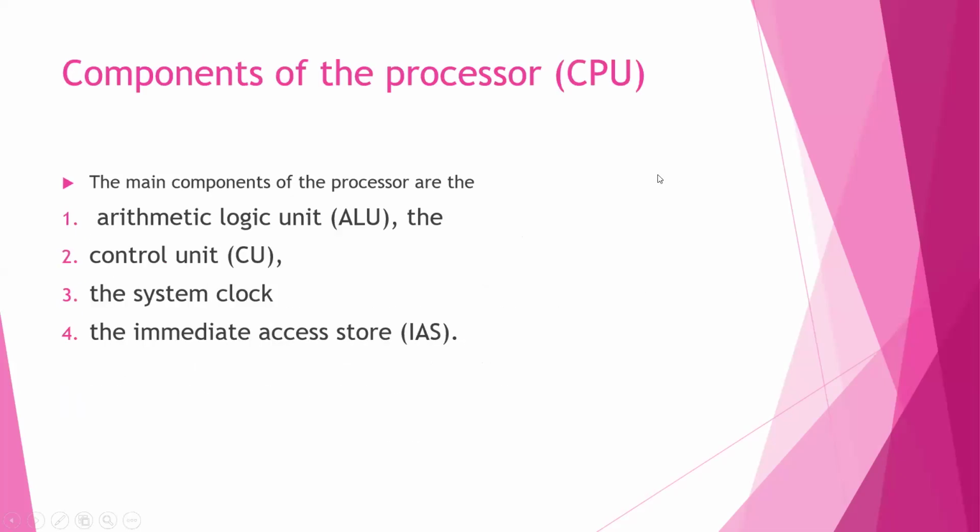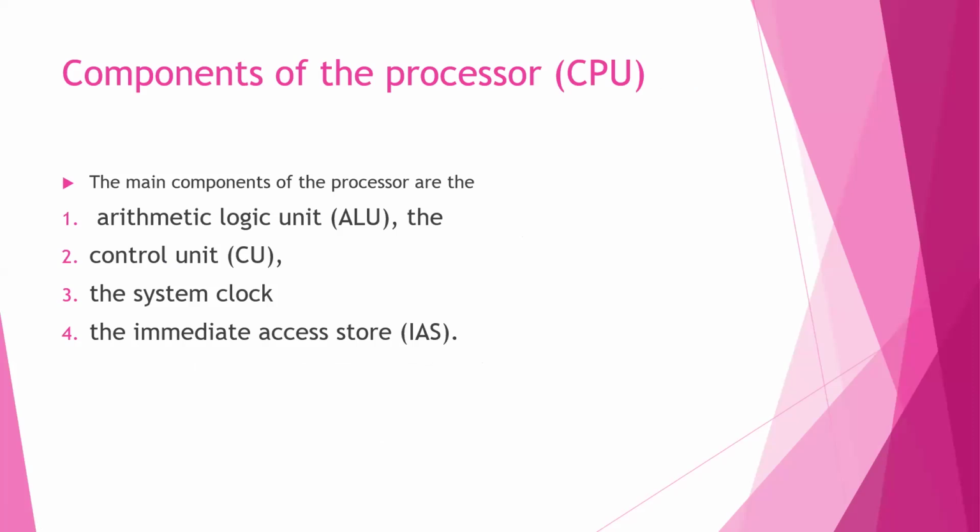Next, we took a look at the components of the processor. We have the ALU, arithmetic logic unit, control unit, system clock, and immediate access store. We have seen that the ALU handles most of the calculation.